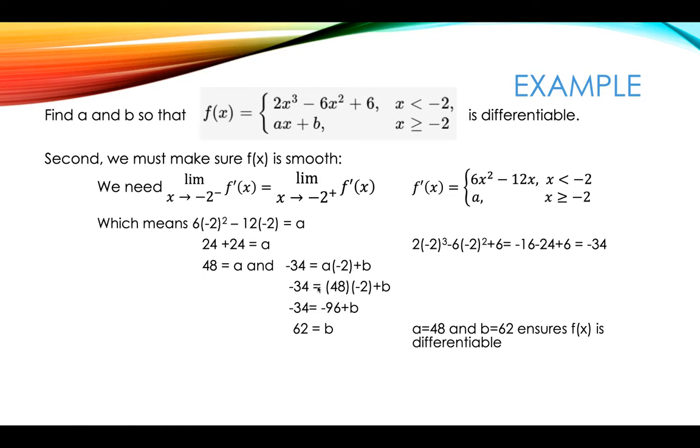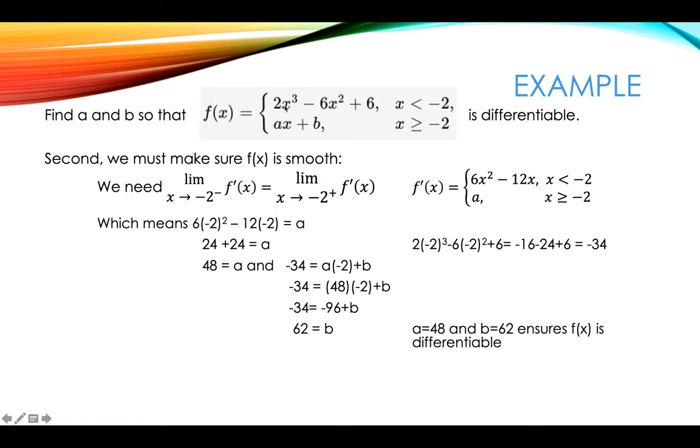All right. Second, in order to determine that f of x is smooth, we need to make sure that the limit as x approaches -2 from the left and the right for the derivative is the same. So first, out to the side, let's look at the derivative. The derivative of f of x, f prime of x, is going to equal 6x squared minus 12x for x less than -2.